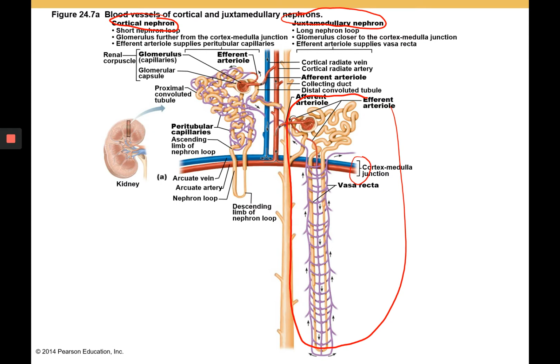Also, we see its second capillary bed is the vasa recta, where over here the second capillary bed for a cortical nephron is the proximal convoluted tubule. So for a cortical nephron, the efferent arteriole supplies paratubular capillaries, whereas in a juxtamedullary nephron, the efferent arteriole supplies a vasa recta.